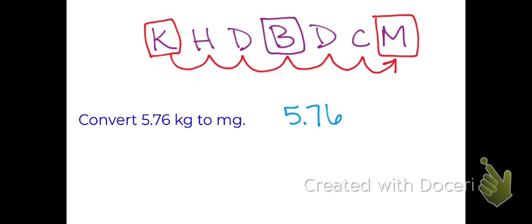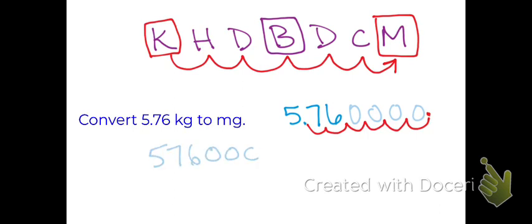Now let's move that over 1, 2, 3, 4, 5, 6 to right here. And fill all those empty spots with zeros. So 5, 7, 6, and 4 zeros. And let's put our commas in. So 5.76 kilograms is the same as 5,760,000 milligrams.